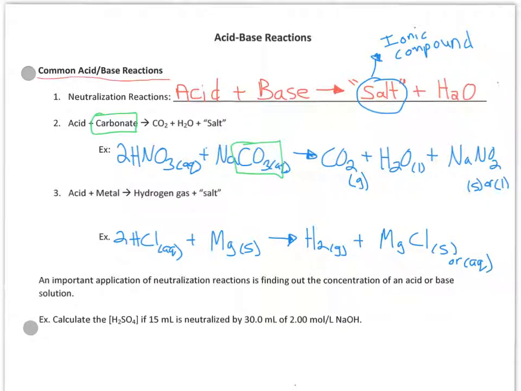So the reason we look at these common acid-base reactions is because if we know our balanced chemical equation of how an acid and a base are going to react and the products we're going to produce, we can use some information and mole ratios to figure out the concentrations of an acid or basic solution.